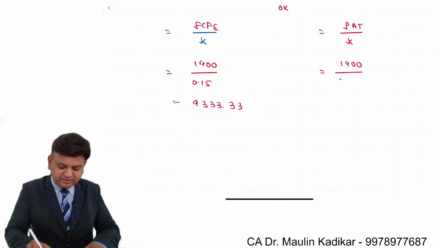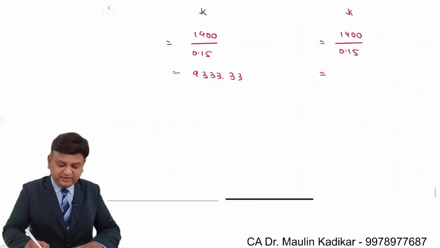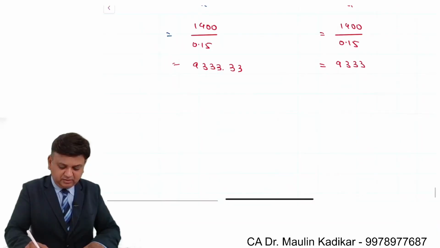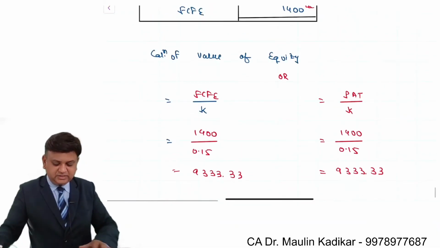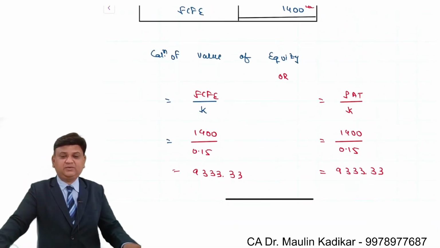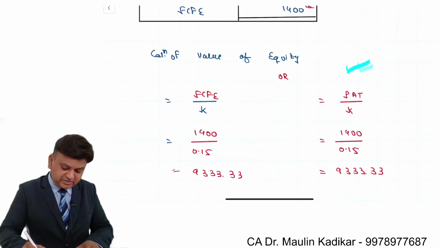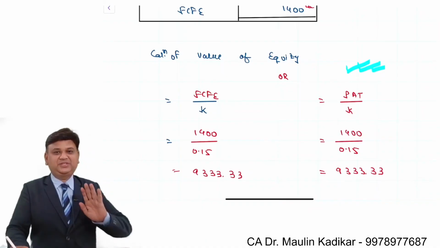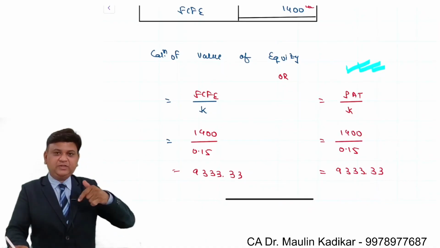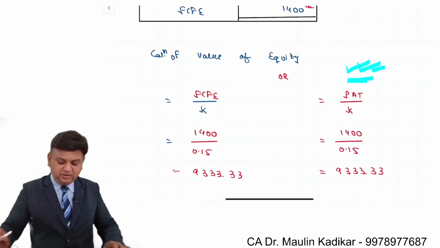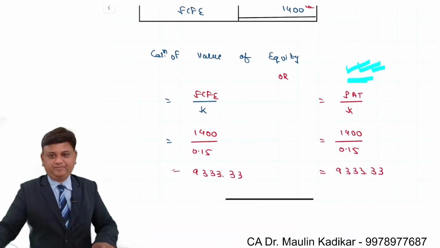What is the cost of capital? 15%. So what is the final answer? 9,333.30. This is the way the profit after taxes can be directly discounted to calculate the value of equity. And very important, friends, this method of presentation is also acceptable in examination. So instead of going into this detail, you may use this shortcut method to calculate the answer.